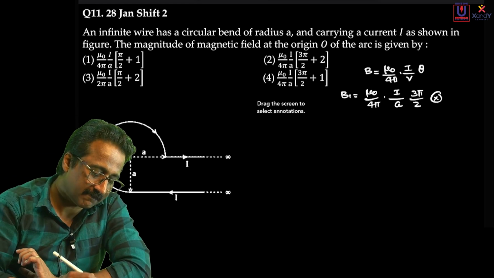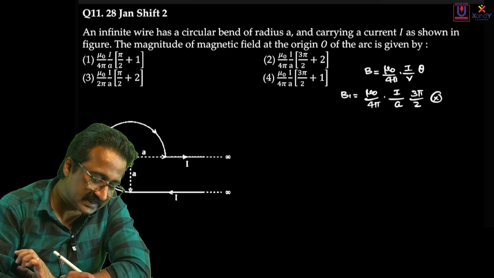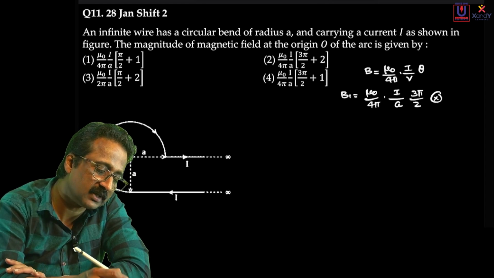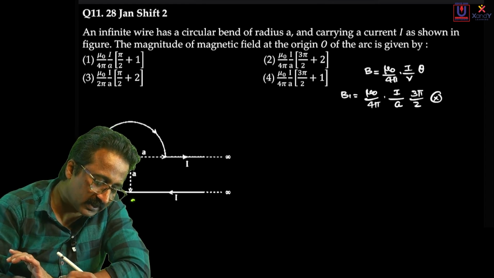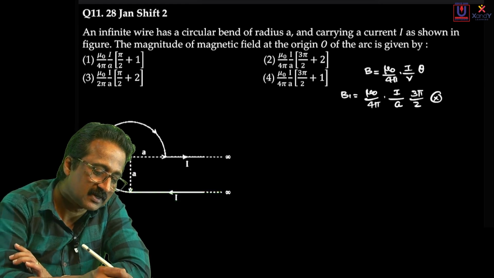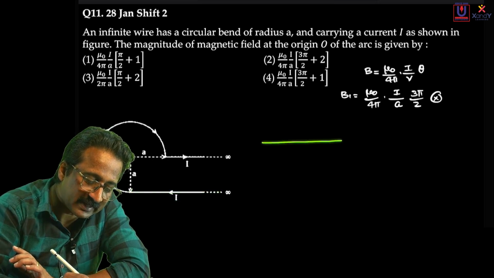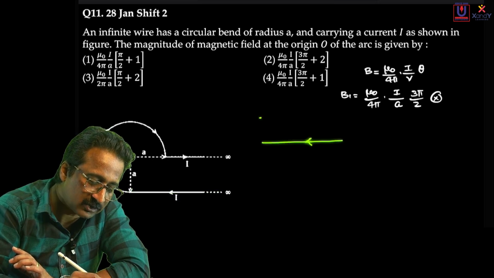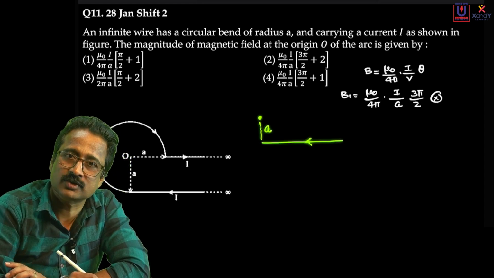Now we have the straight part, which is going to be semi-infinitely long. Look at this. This is the conductor, which has its end here, and it's a semi-infinitely long conductor. A semi-infinitely long conductor will produce a magnetic field. If you choose a point here which is at a distance of A, then there is an equation for that.